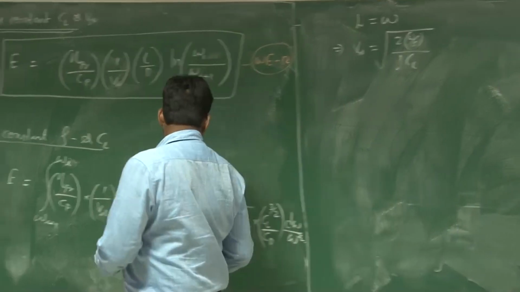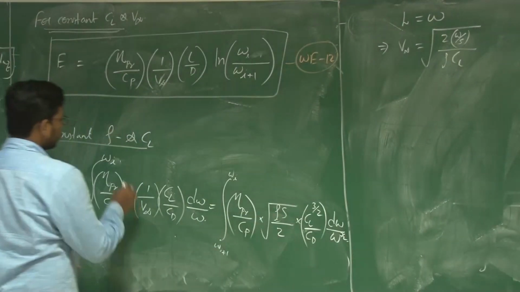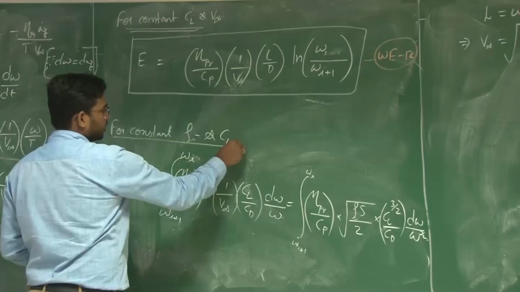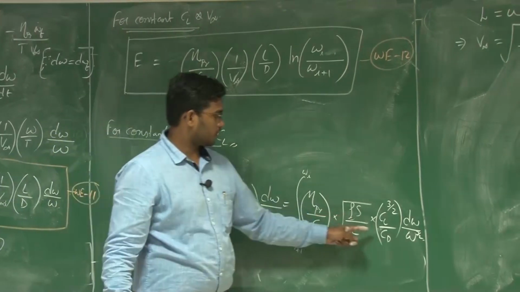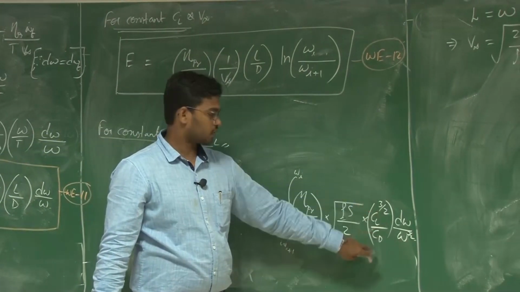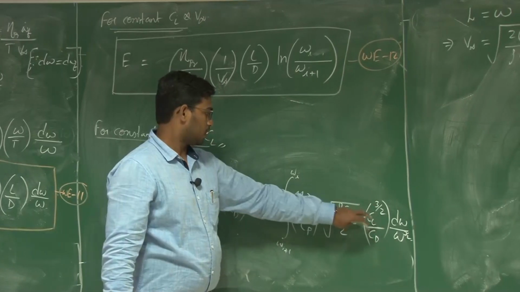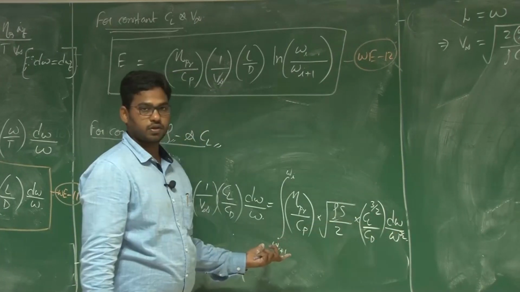Now here we assume density is constant in this case and CL is constant, right. Rho is constant and CL is constant. If CL is constant, CD also remains constant. So other than this particular term, everything else is constant in this case.